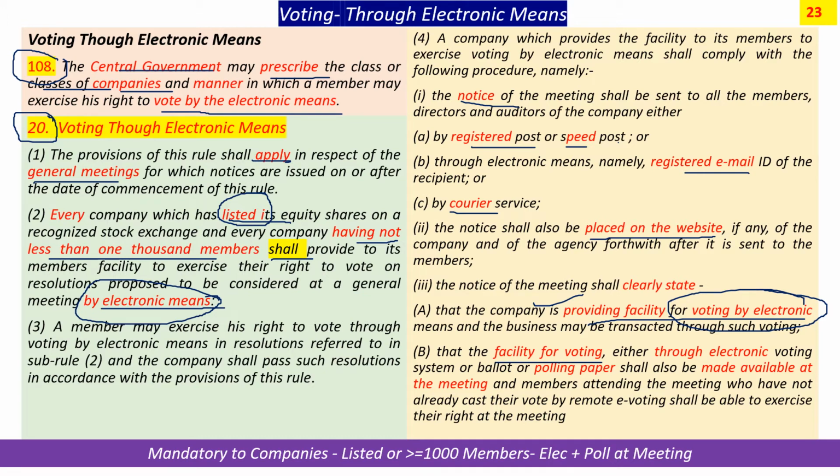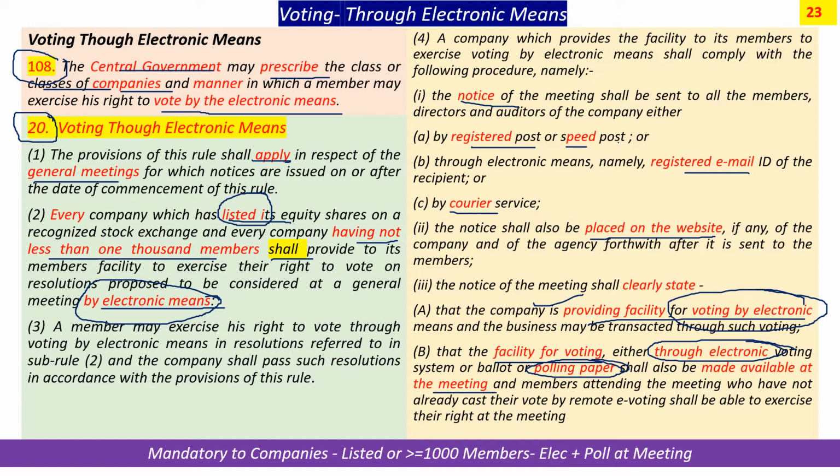And facility for voting will have two aspects. You can vote through electronic voting remote, or you can vote in the meeting with polling paper made available at the meeting. It is a combination of both. You can vote remote on electronic, or you can be present in the meeting and then vote.